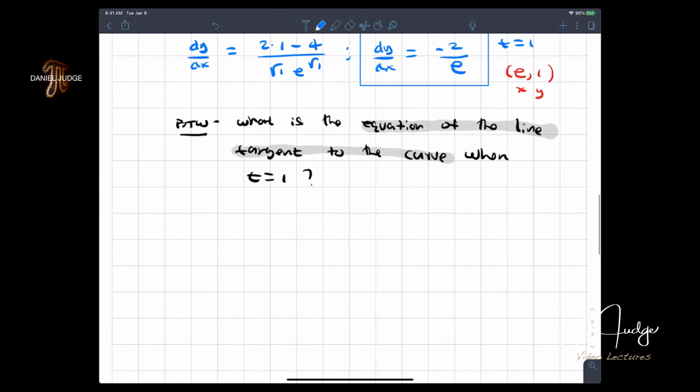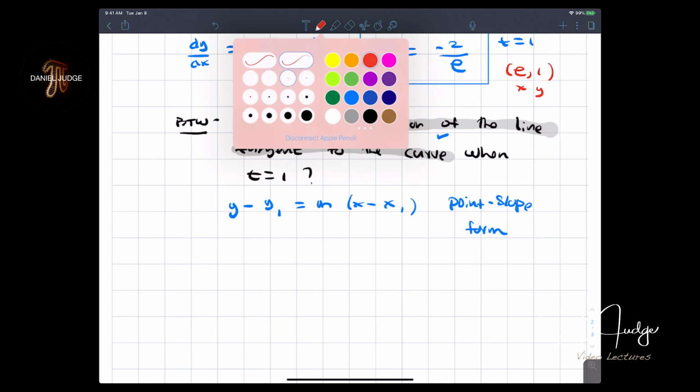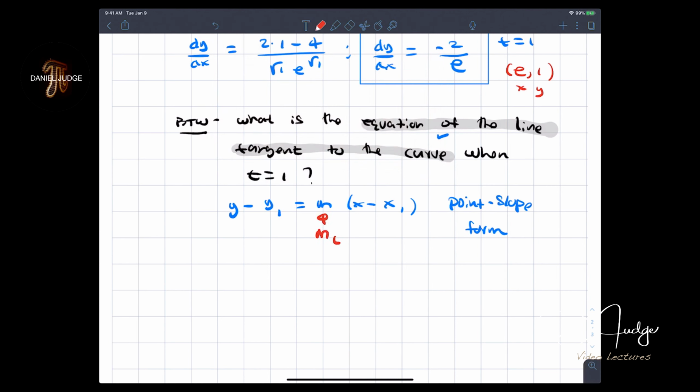Because to find an equation of the line, we use the equation of the line formula: y minus y1 is m times x minus x1. From algebra, this is the point slope form. And because this is a calculus question, what changes here is just this. This is m tangent.